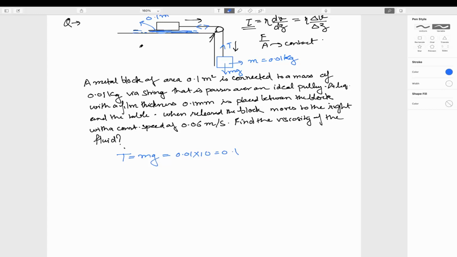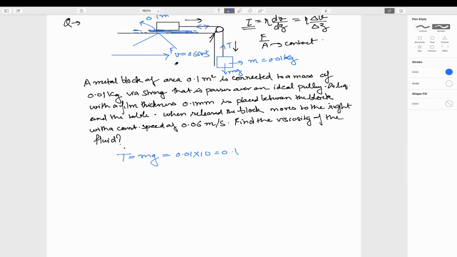If you zoom out, it looks like a fluid is in between the two plates. So if you zoom this out, then it looks like this plate is moving with a velocity. The force is applied, and the velocity of this top plate is 0.06 meter per second.